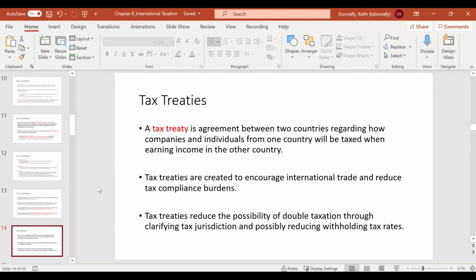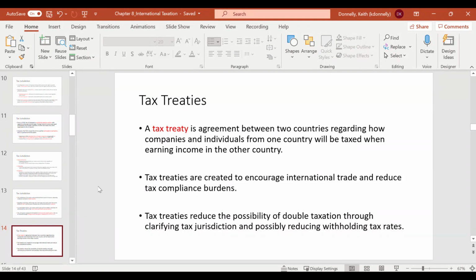Basically, what we do with a tax treaty in many situations is recognize that there could be double taxation here. And to prevent this from happening or to address it up front, to encourage international trade and reduce all the tax headaches, we will enter into a tax treaty.